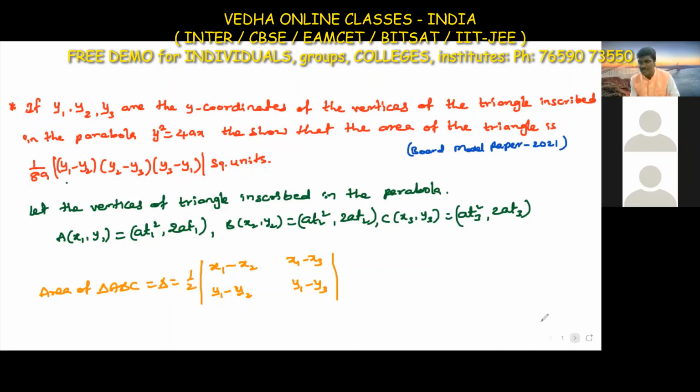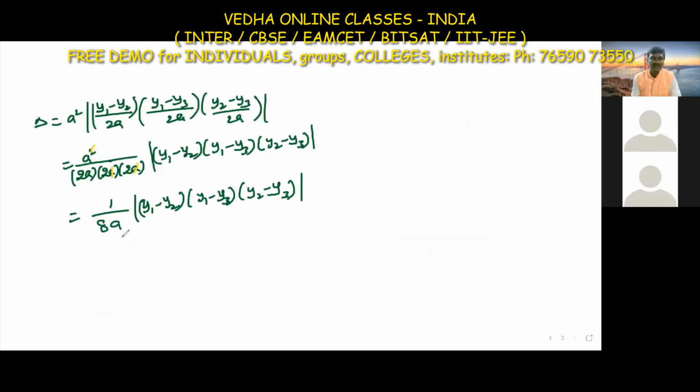Check the answer here: 1 by 8a is as it is, (y1 minus y2), (y2 minus y3) are also okay, but in place of y3 minus y1 we got y1 minus y3. Is it the same or any difference? I am writing y1 minus y2 as it is, and y2 minus y3 also, and the last term in the second position, taking minus common, so we get minus of (y3 minus y1).